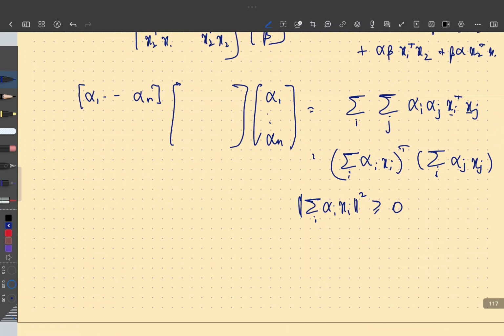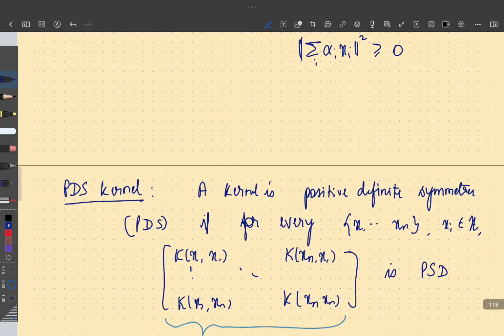Note that we can only say that this is non-negative. We can't really say that it's positive all the time because the xi's need not be linearly independent. If they're all linearly independent, then this is going to be greater than 0 for all non-zero vectors alpha. But in general, this is just greater than or equal to 0.